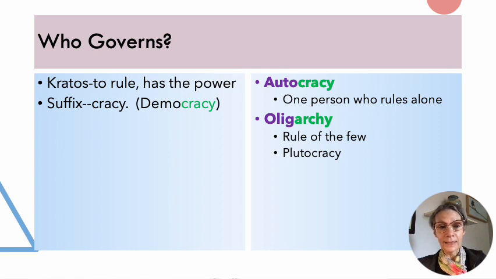Now, in the United States, some have said, well, we have rule of the few, and even though we call ourselves a democracy, we really are more of an oligarchy. And in fact, more specifically, that we are a plutocracy. A plutocracy is where you have the wealthy who are ruling.